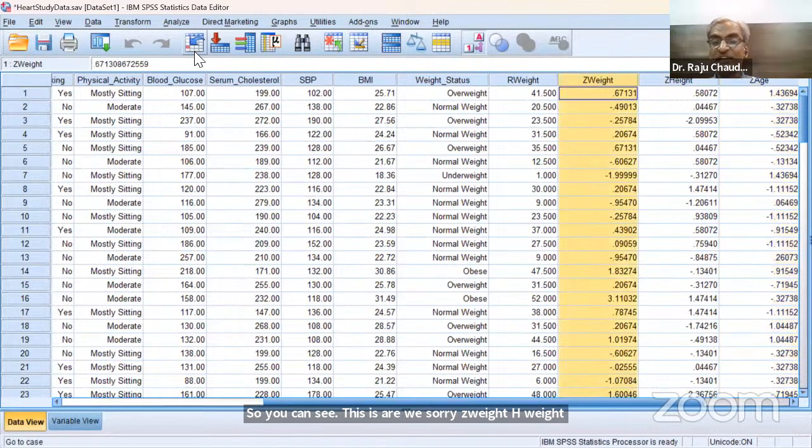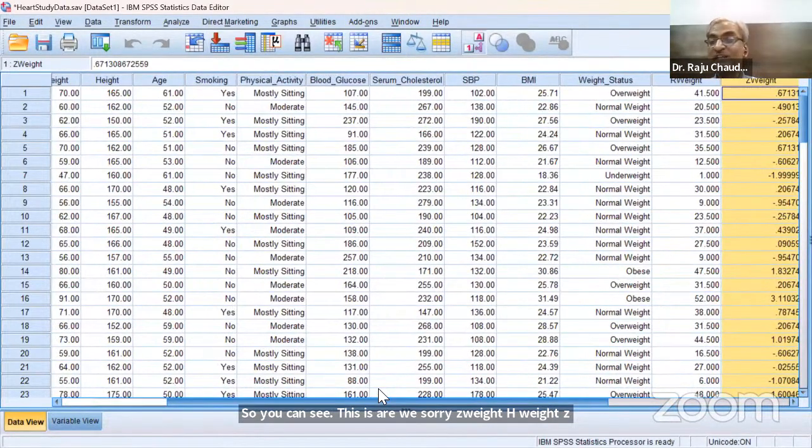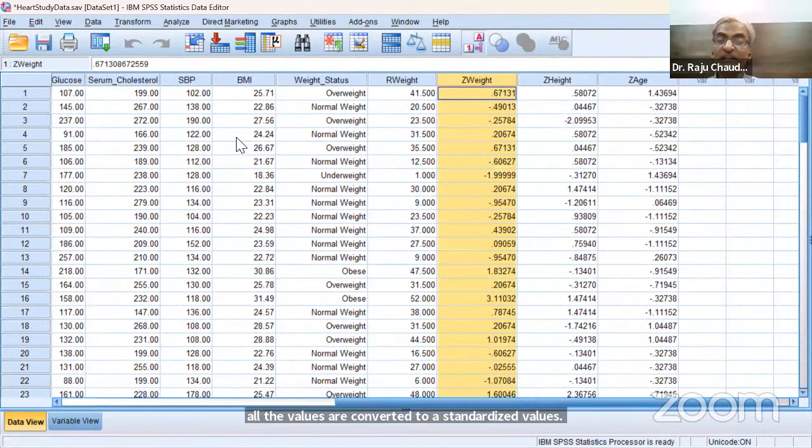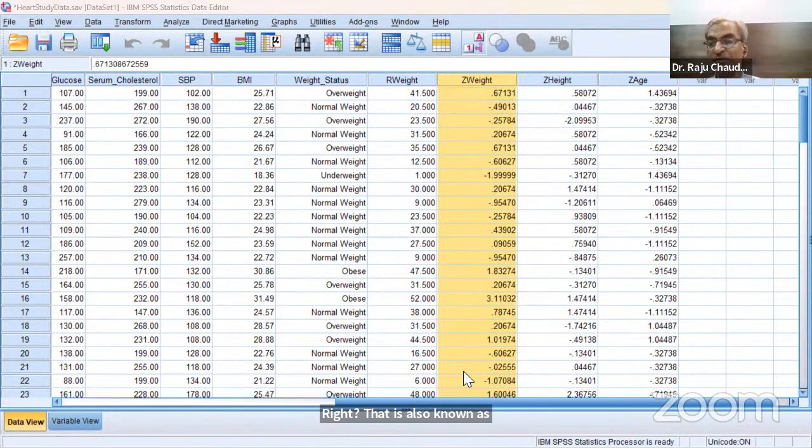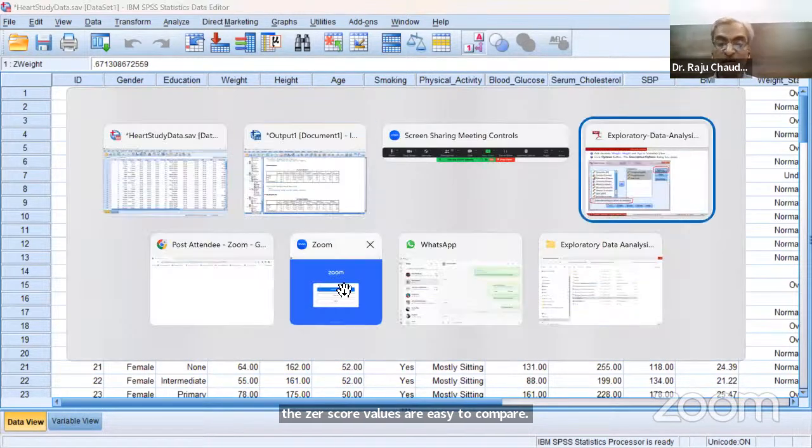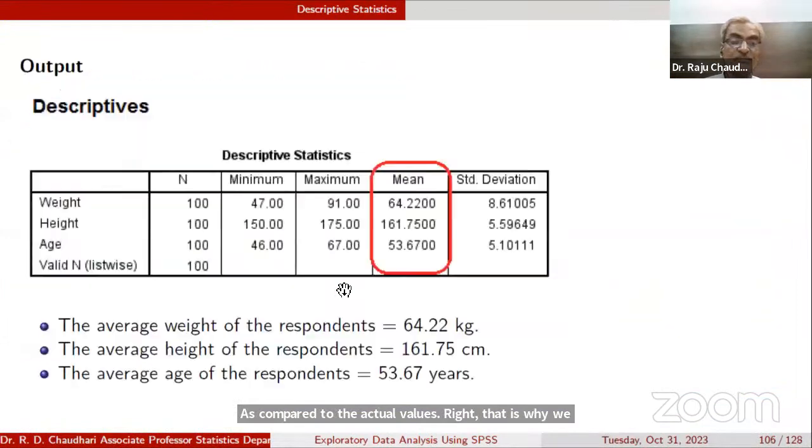So Z is a standardized value. All the values are converted to standardized values, and these are basically within the range of minus 3.5 to plus 3.5. That is also known as the Z-score values. The Z-score values are easy to compare as compared to the actual values. That is why we use the Z-score values.